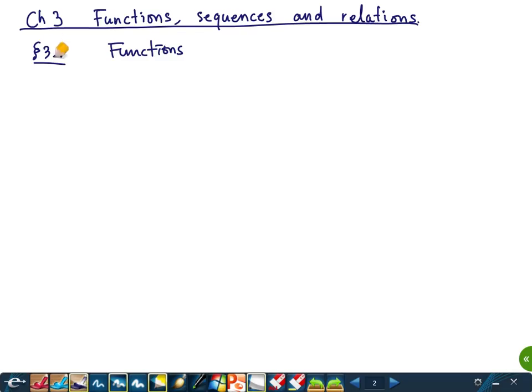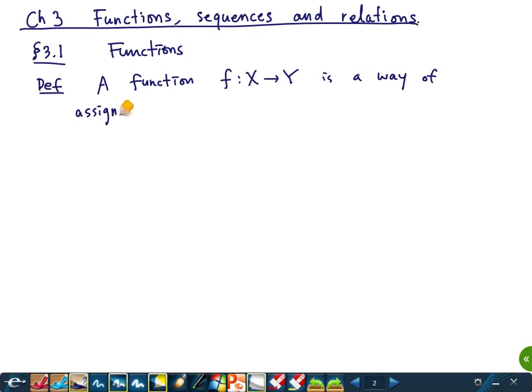So what is a function? We defined this already, I guess, but let me do this again. A function, usually denoted by f from x to y, is a way of assigning to each element in x exactly one element in y, right?